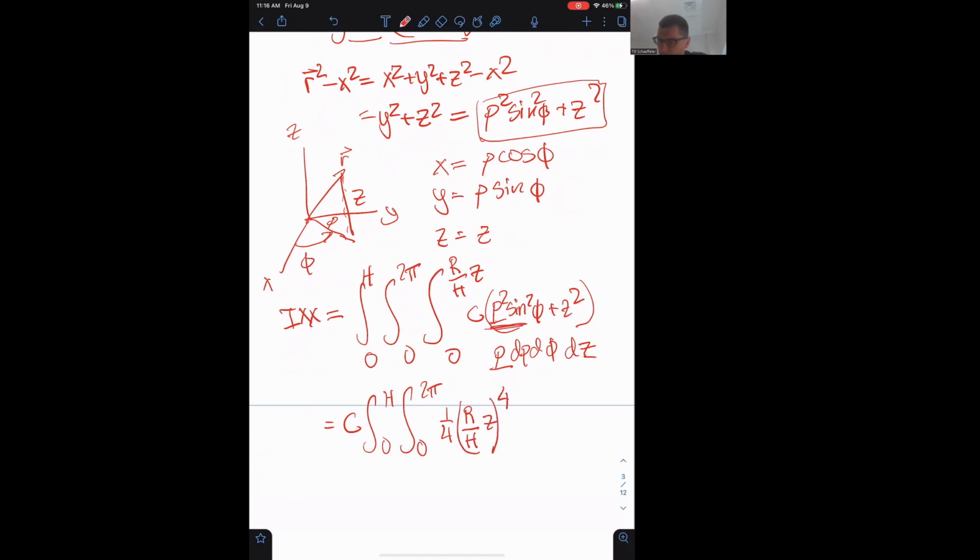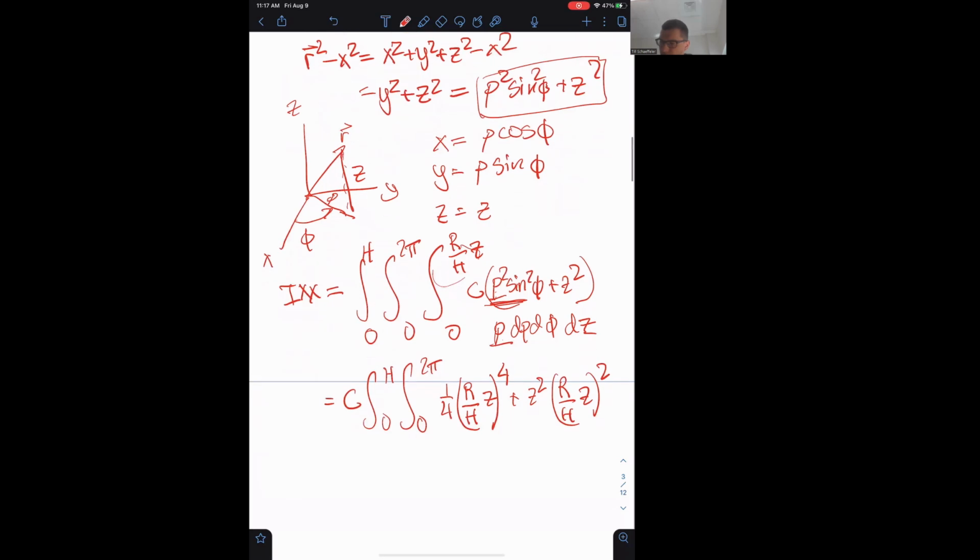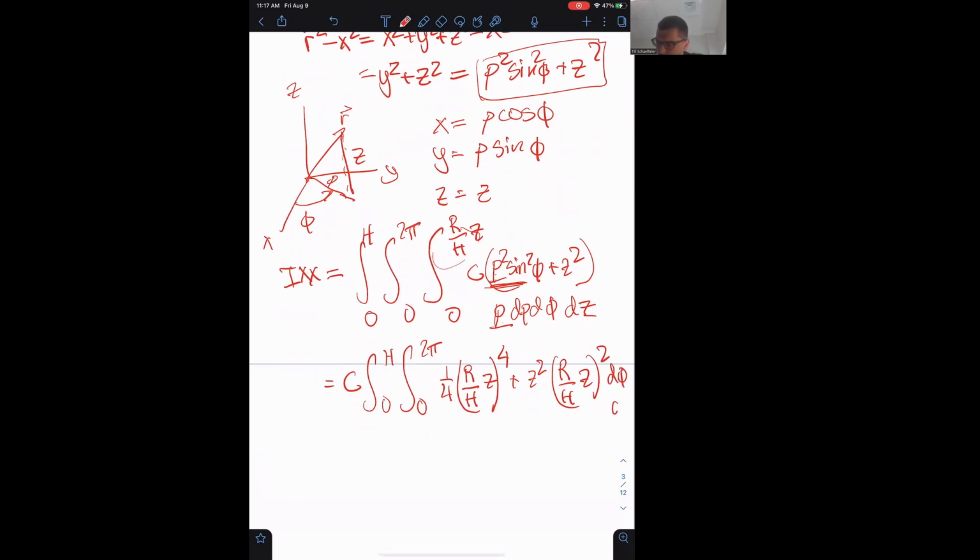That's just this first part. That's rho cubed, integrate over rho cubed gives you rho to the fourth divided by 4. Then you plug in the limit, and then the second part you have a z squared times rho squared divided by 2. So plug in the limits, r over h z squared, d phi dz.